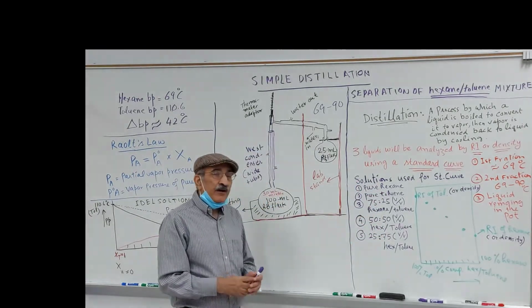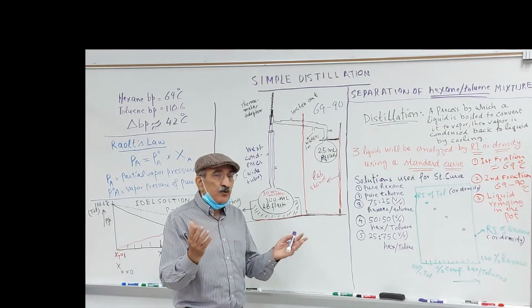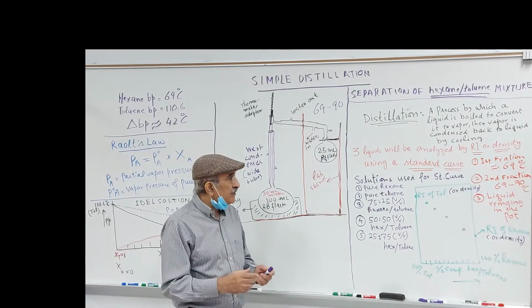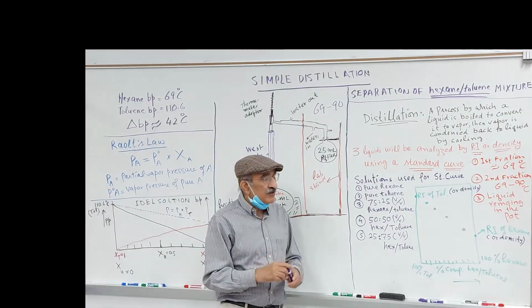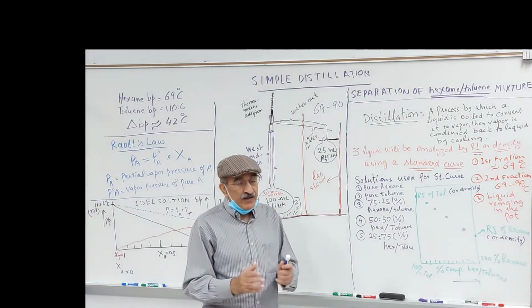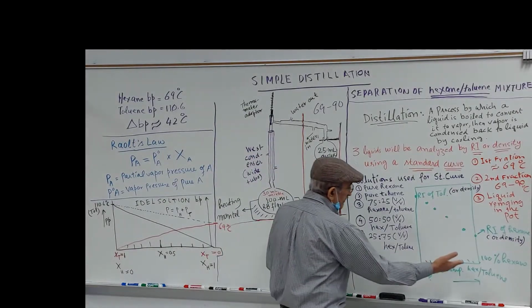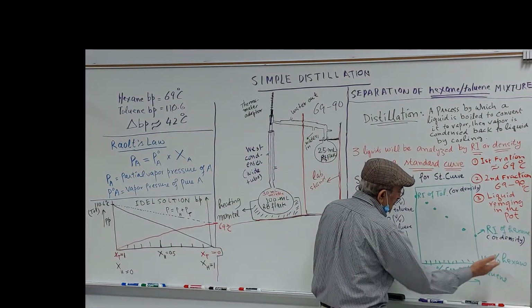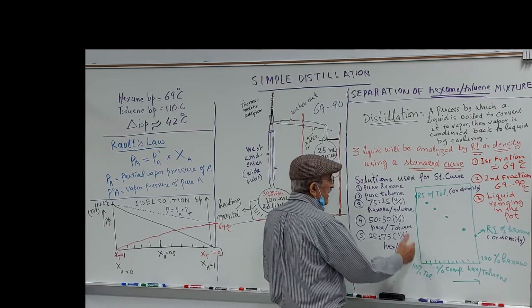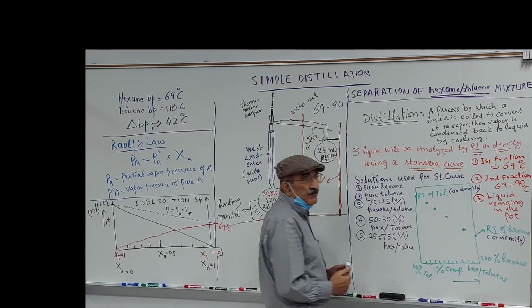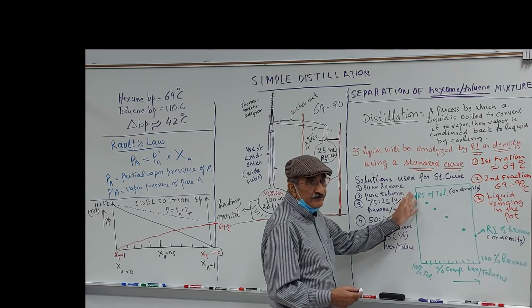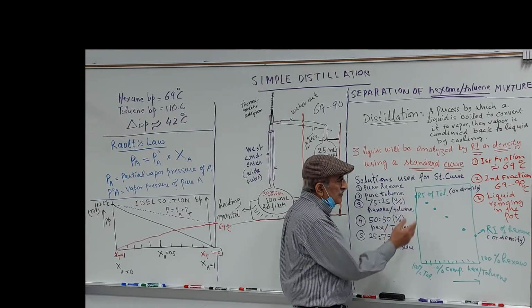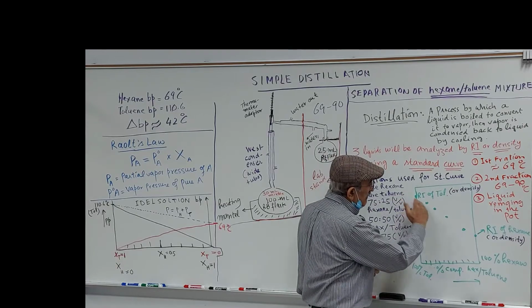What you can do is use an Excel program on your computer and draw a nice curve using a scatter plot. You plot percentage composition on the x-axis, and density or refractive index on the y-axis. So you can make a standard curve.